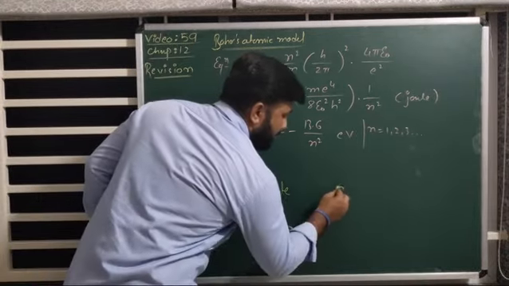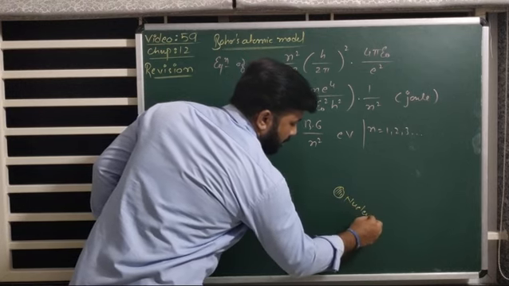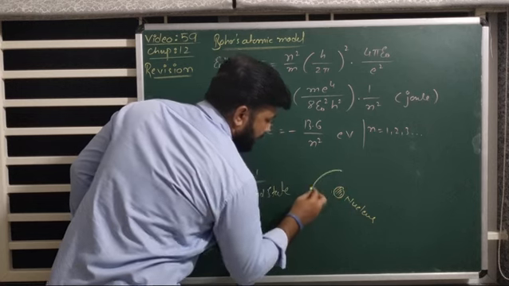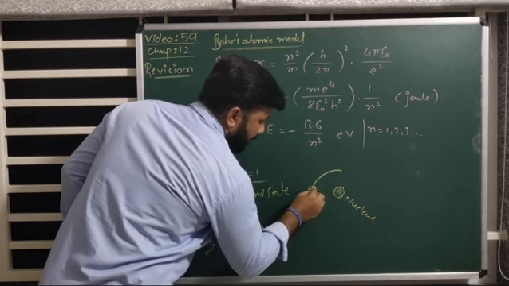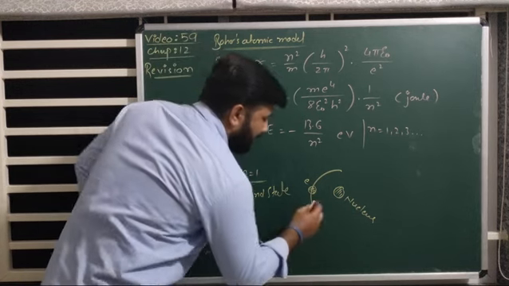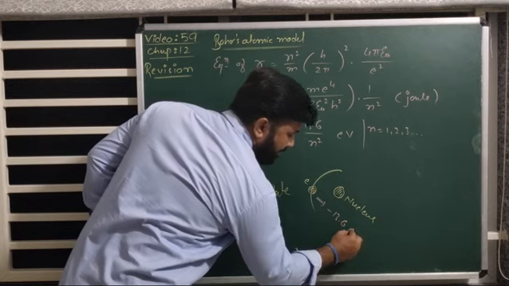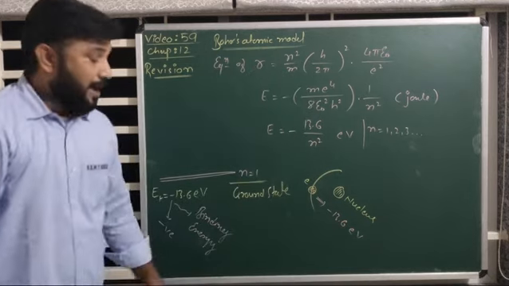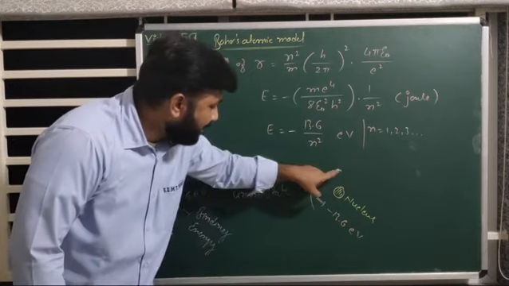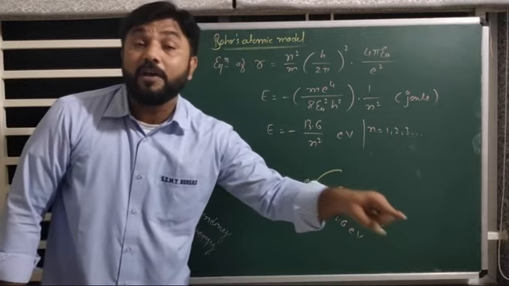So it will be like this. It is the nucleus. This is the electron which is moving around the nucleus, and this electron has energy minus 13.6 electron volt. And because of this minus sign, the electron revolves around the nucleus in a circular path.